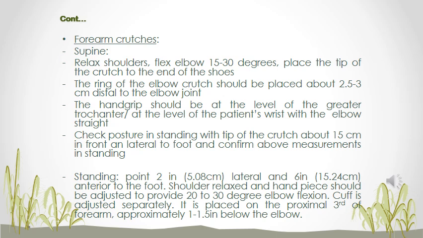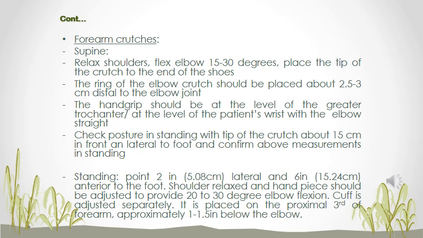The ring of the elbow crutch where you put your hand in should be placed at about 3 centimeters distal to the elbow joint. That is where that ring should be positioned. The hand grip should be at the level of the greater trochanter or at the level of the patient's wrist with the elbow straight.